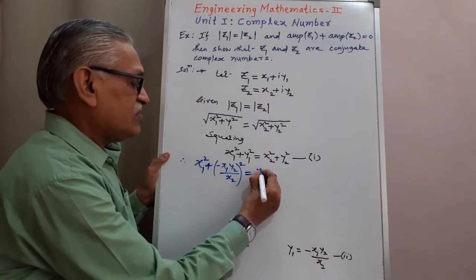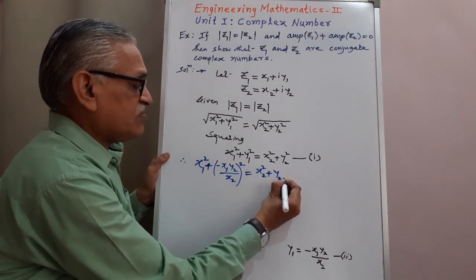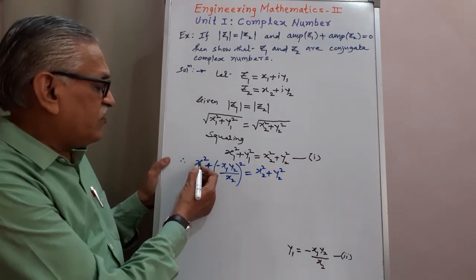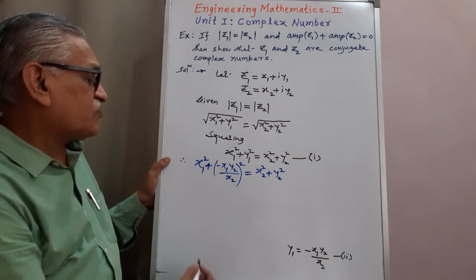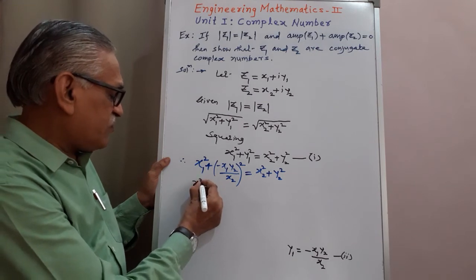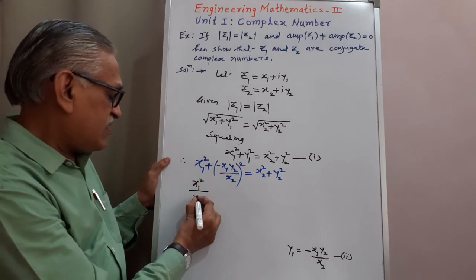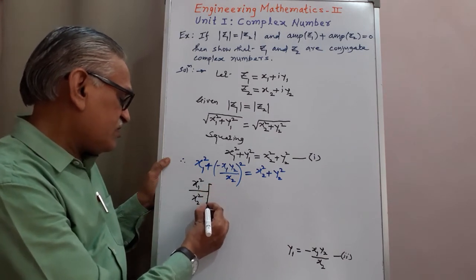is equal to x2 square plus y2 square. We take x1 by x2 square common from this. Therefore, x1 square by x2 square common from the first two terms.